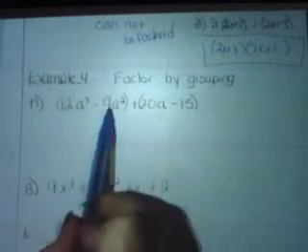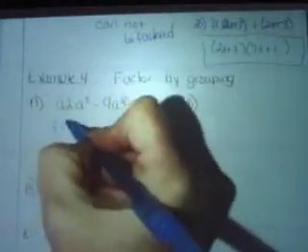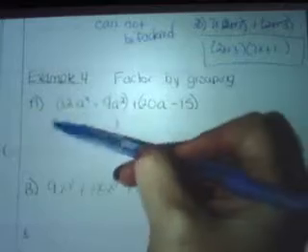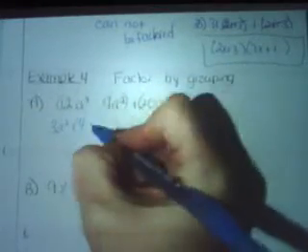In this first group, I can see that I can factor out at least a 3 and a squared. 3a squared will go into 12a cubed, 3 will go into 12 4. I factored out a squared, so that leaves me with a. Minus 3 will go into 9 3 times. I already factored out the a squared. Drop down my plus.